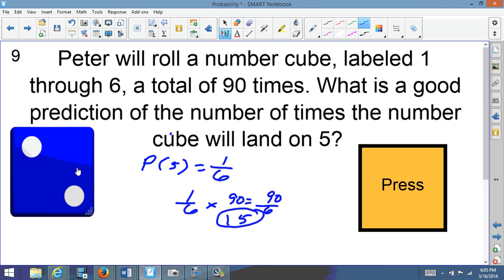Now, if I did that 90 times, maybe I would get 15, maybe I wouldn't. But the more times you roll it, you get closer to actually getting 1 out of 6. So I believe I rolled it 6 or 7 times there. So sometimes you get lucky, sometimes you don't. That's why they call it probability.